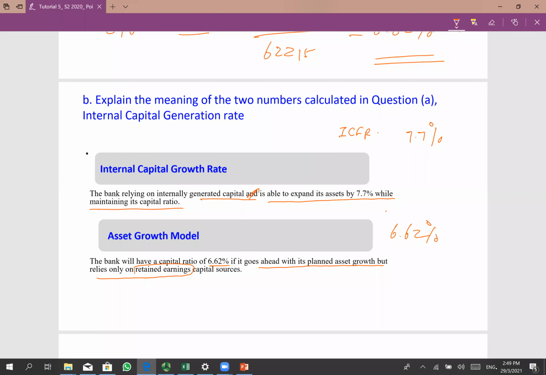If you continue and depend on that, then your capital ratio will drop to 6.62%. That's the whole thing. Can I continue from here? Any questions? No, sir. Okay, thank you.